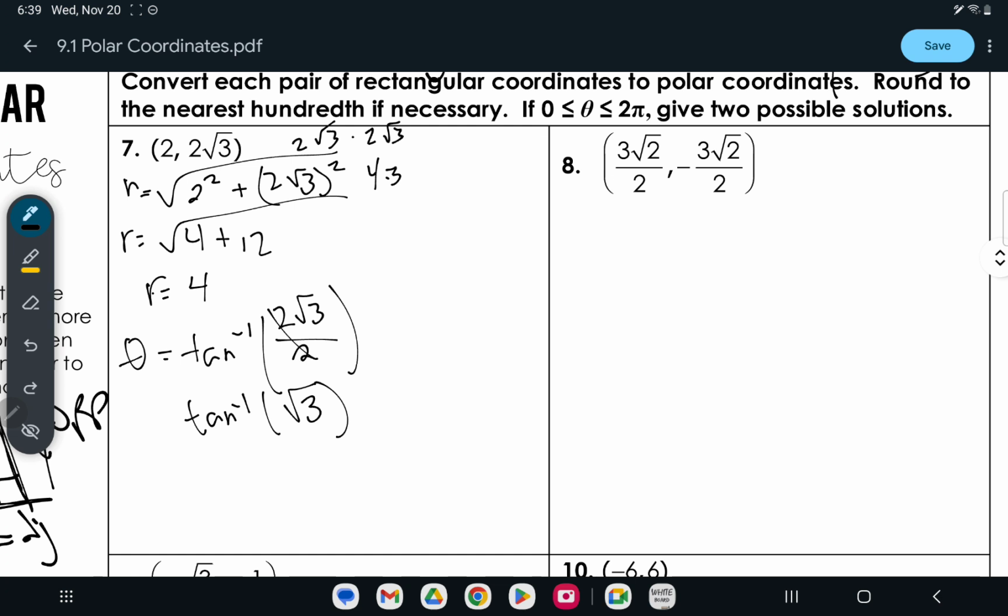Let's see. We've got to figure out where tangent is the square root of 3. So tangent is y over x. So to have the square root of 3 in the numerator, our options for tangent being positive are here and here.